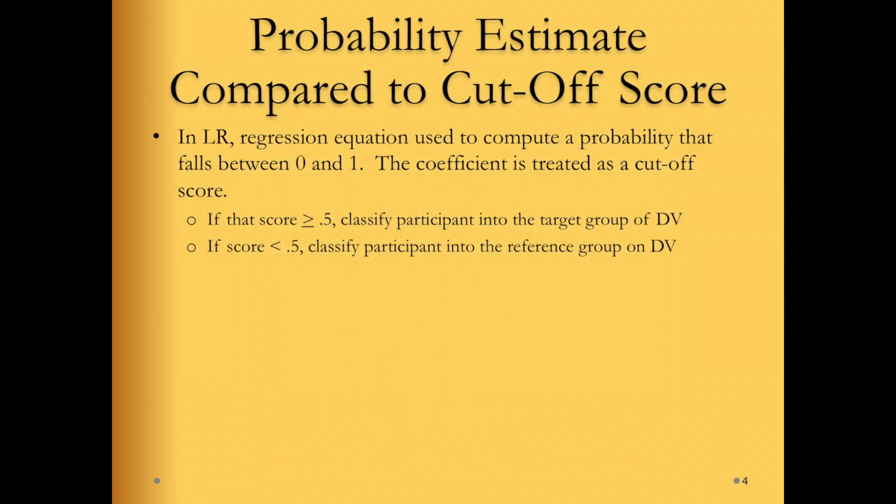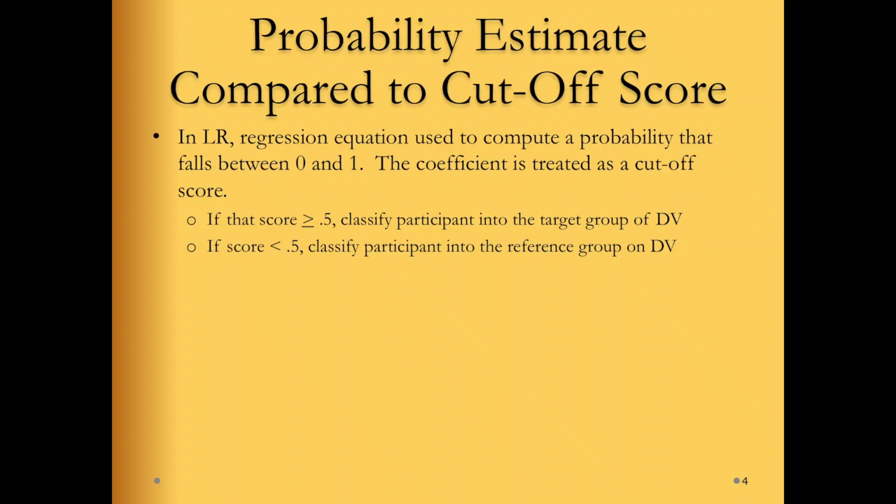In multiple regression, the regression equation is used to predict a participant's score on the dependent variable. But in logistic regression, the equation is used to derive a probability or coefficient that ranges from 0 to 1. And this probability is judged against a cutoff score, which most often is set at 0.5. If the probability is equal to or greater than 0.5, then the individual is predicted to be in the target group of the dependent variable.